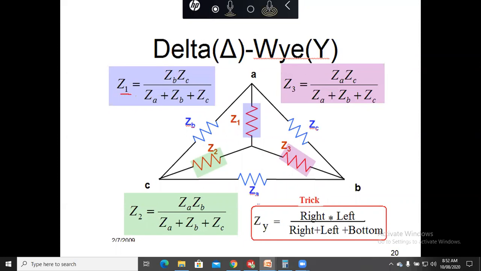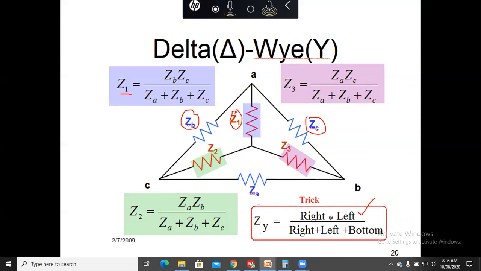Z1 is in fact the product of the two adjacent impedances, right and left. So this is right and left, and we divide this by the sum of all three impedances, which is right, left, and bottom.